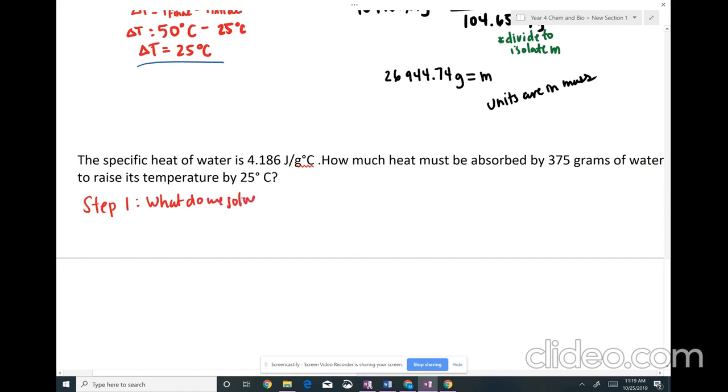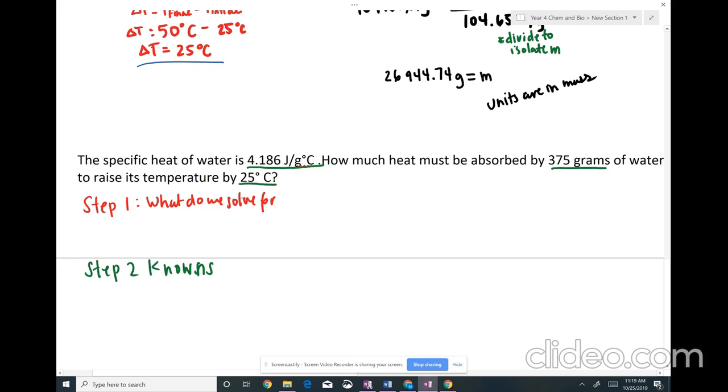And then we have to do our step 2, which is our knowns. Our knowns are each of these that we have on here. All of our numbers are our knowns.